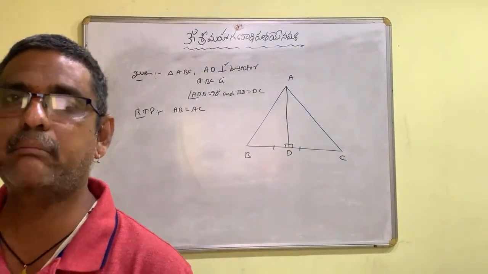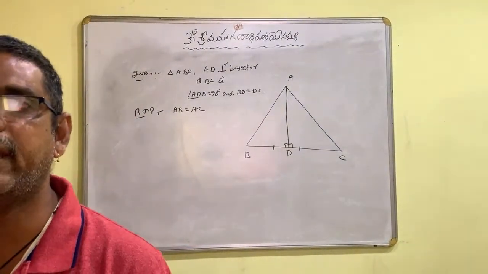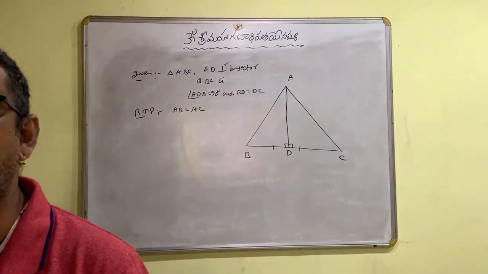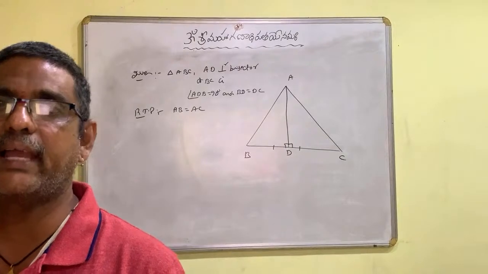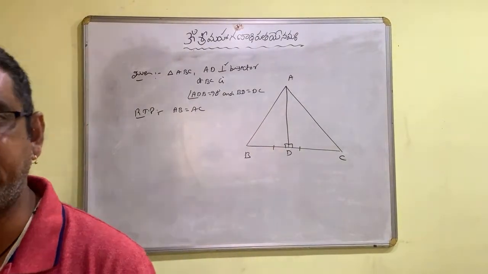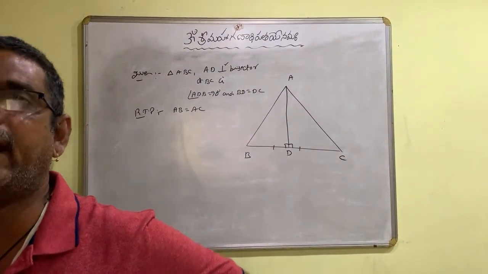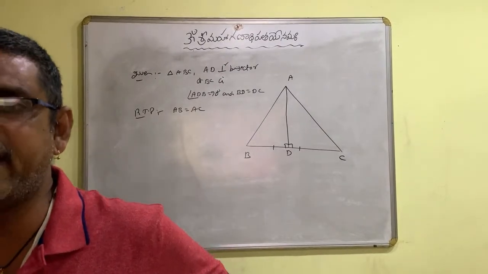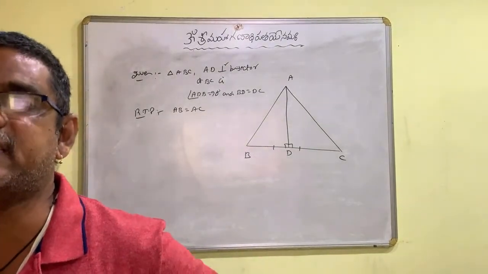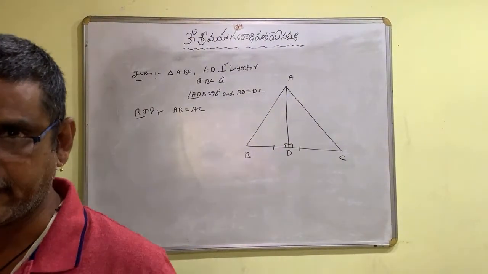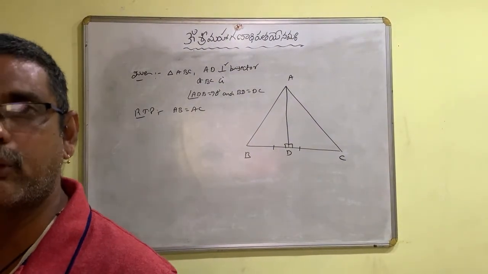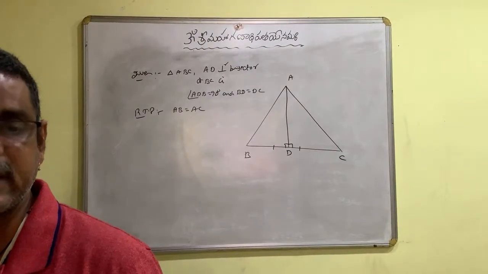Perpendicular bisector means angle ADB or ADC is 90 degrees, and the perpendicular AD bisects BC, so BD is equal to DC. So that is given. And what is required to prove? AB is equal to AC.